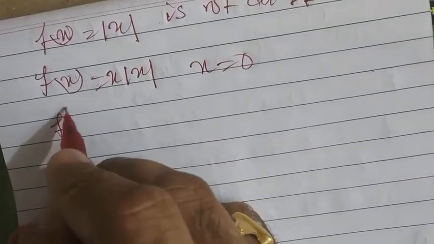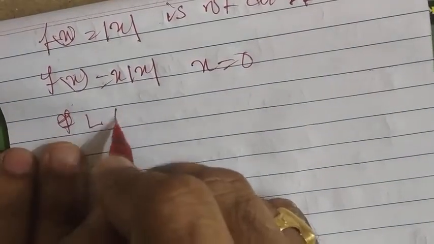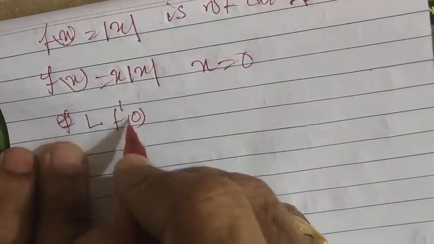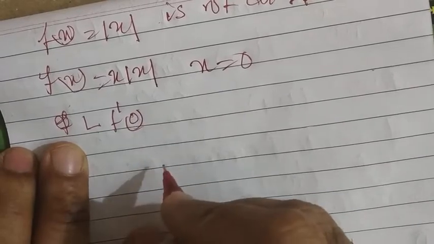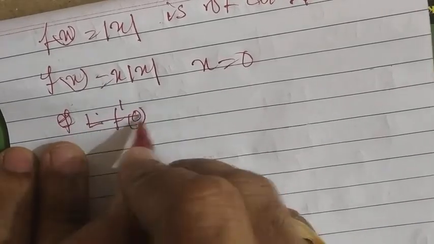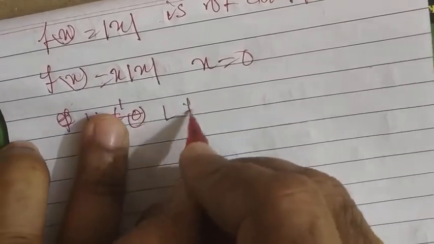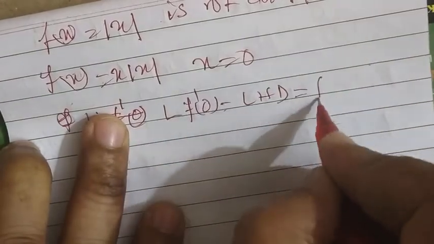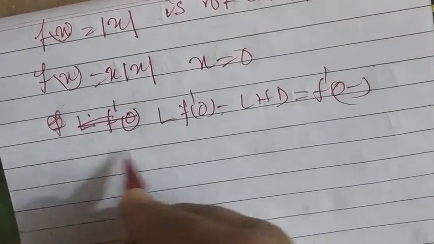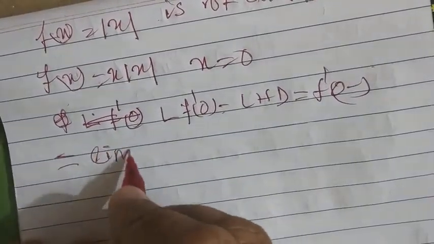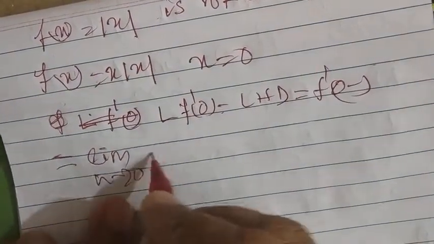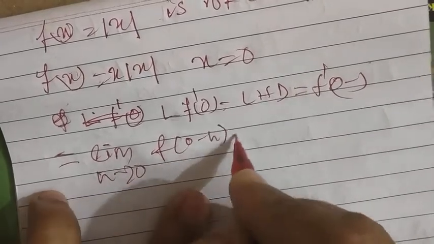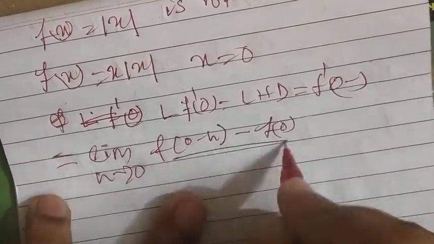Now what is the left hand f dash 0? That is the left hand derivative, or LHD. We write LHD, f dash 0 minus. What is it? Limit h tends to 0, f of 0 minus h minus f of 0 by minus h.